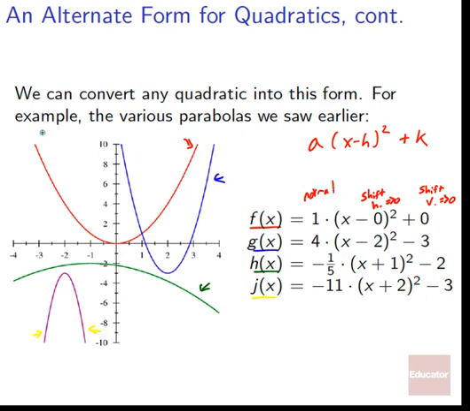And that's exactly what we've got with our red parabola. The blue one, x minus 2, means that we've shifted to the right by 2, and we've shifted down by 3. And that's exactly what's happened here.